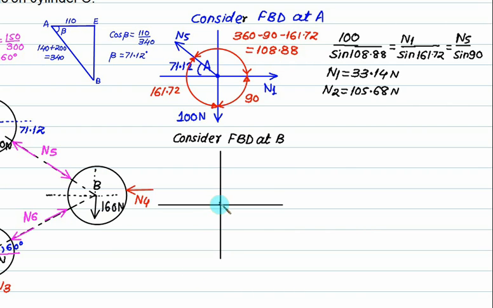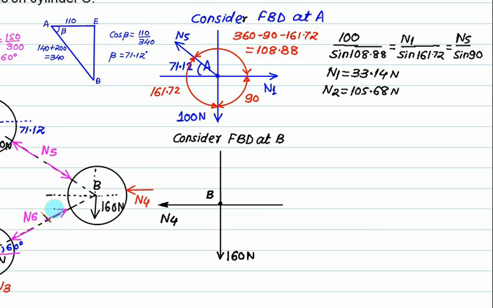Now consider FBD at point B. Show this point as B. Copy down all forces. This one is 160. Now this N4 will shift to the left-hand side. N4 is inward, so it will transfer along the same line. The idea is that all forces must be outward. Next is N6.